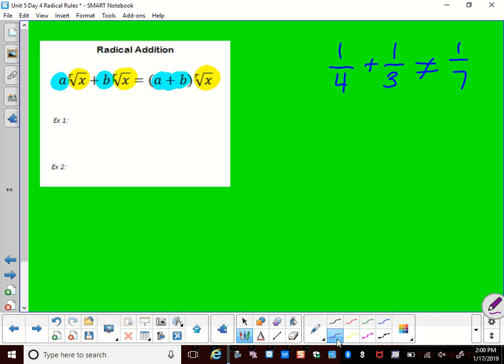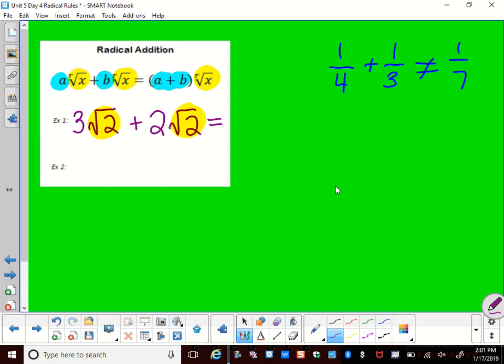So let's say that we have 3 times root 2 plus 2 times root 2. Take a look at your radicals. Are they the same? Yep, they are. Your radicals are both the same.